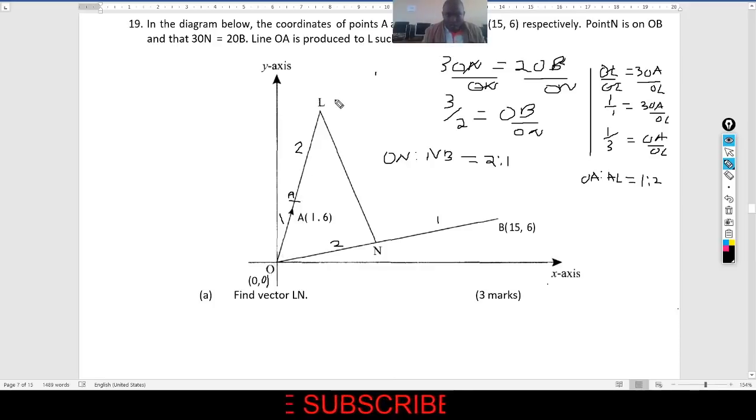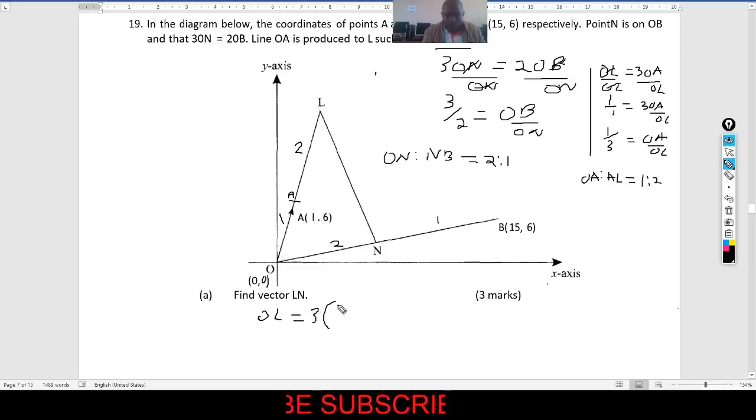O to L I don't know, OA I know. So if I use it the way it is here, I need L, so I can say OL equals 3 into OA.